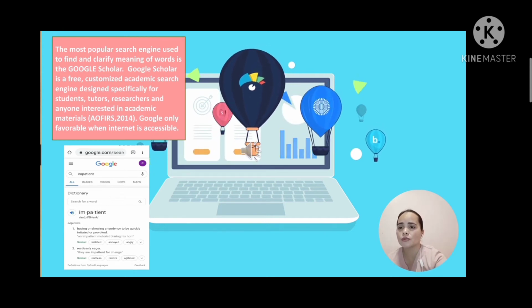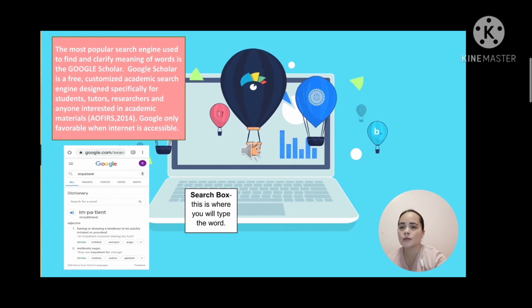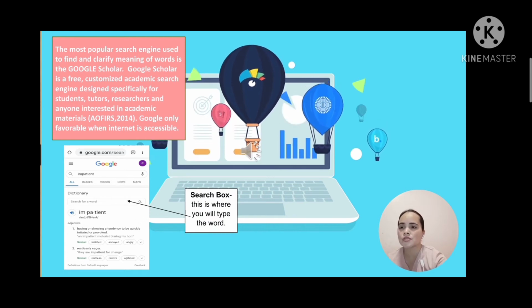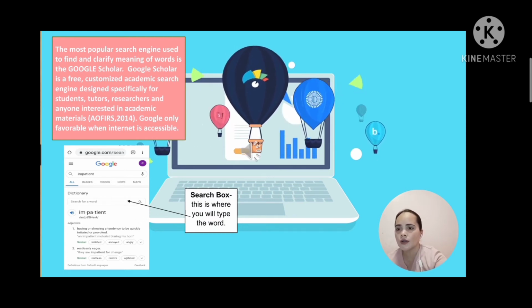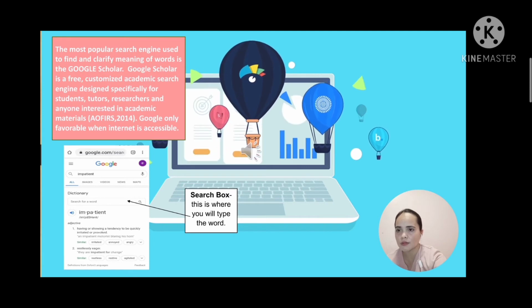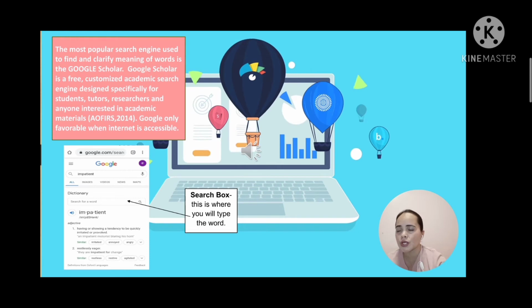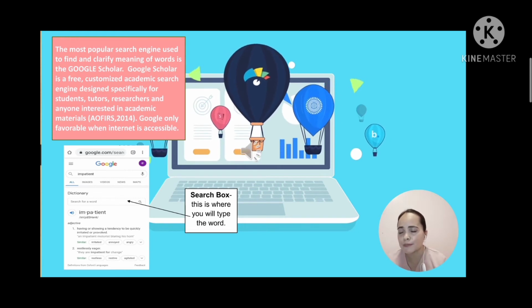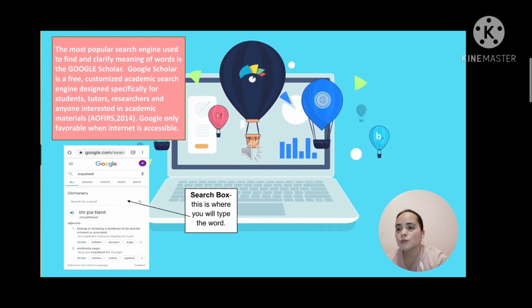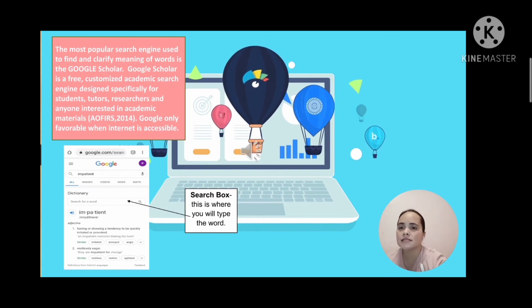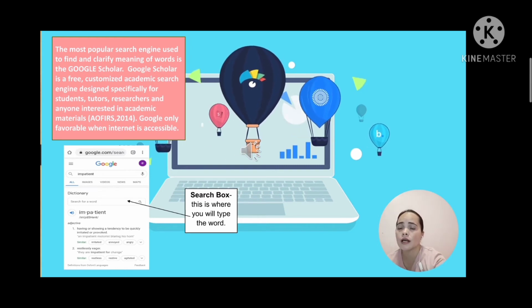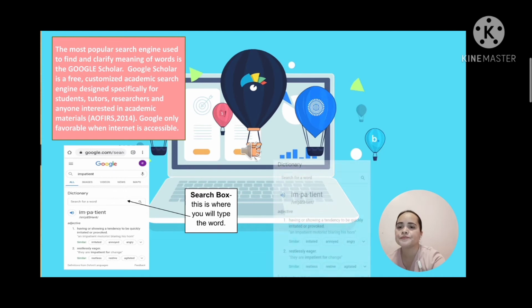So you have here the Google. Go to the browser, then type Google. The one being pointed by the arrow there is the search box. This is where you are going to type the word. For example, you have there the word impatient. It will then give you the meaning, several meanings, and other parts of the dictionary.